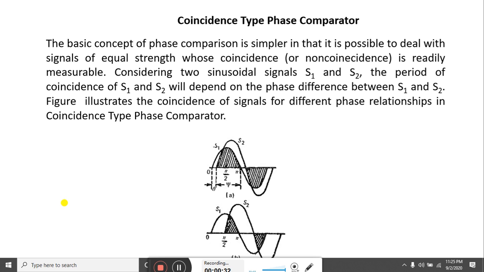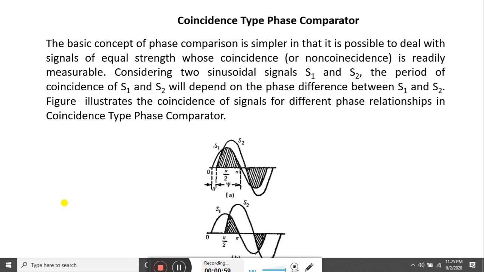In previous classes we have studied amplitude comparators and phase comparators. Here we are further classifying the phase comparator in another form, and one of that is the coincidence type phase comparator.